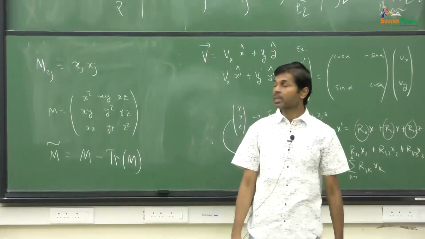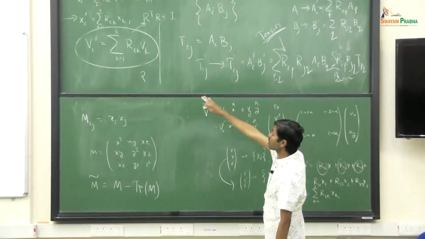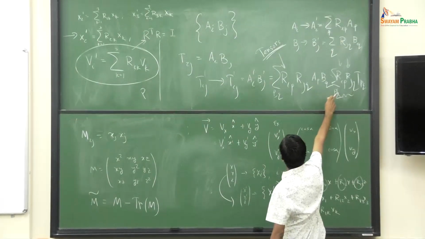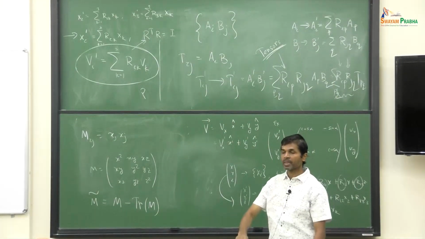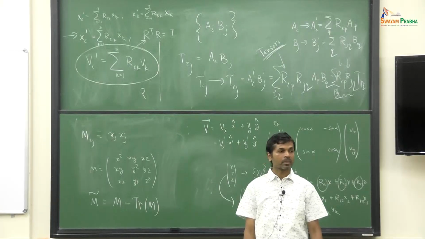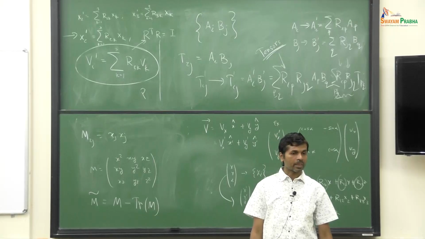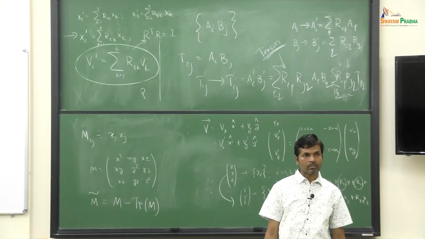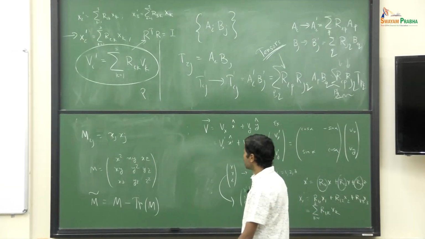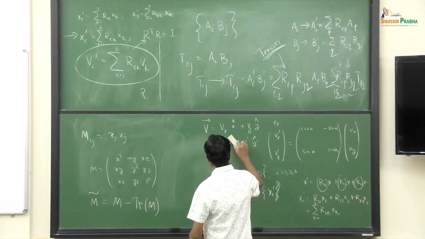What distinguishes them from the regular ones is the transformation rule. If you have a nice transformation rule like this, then you call it a tensor. Now in physics, why are they important?